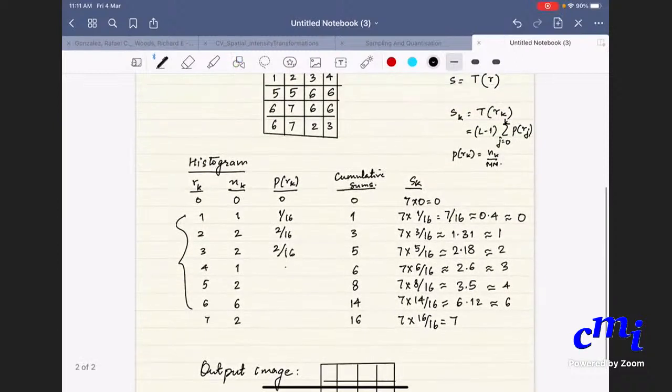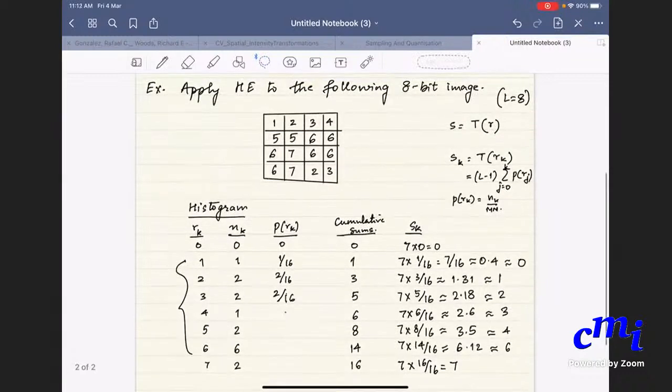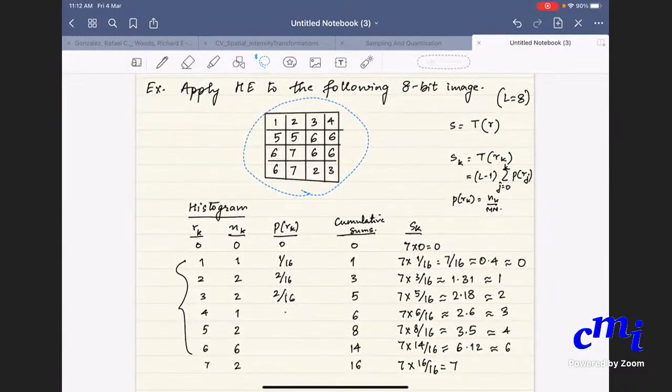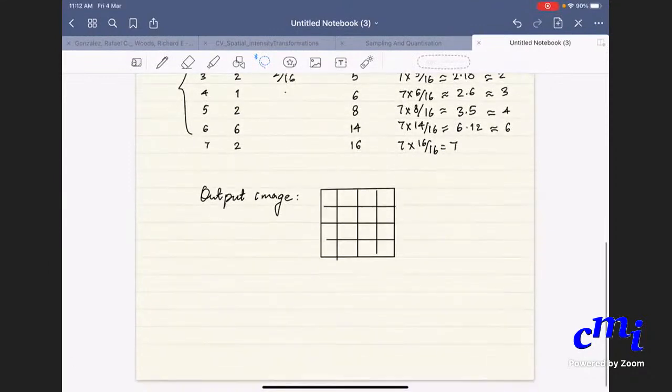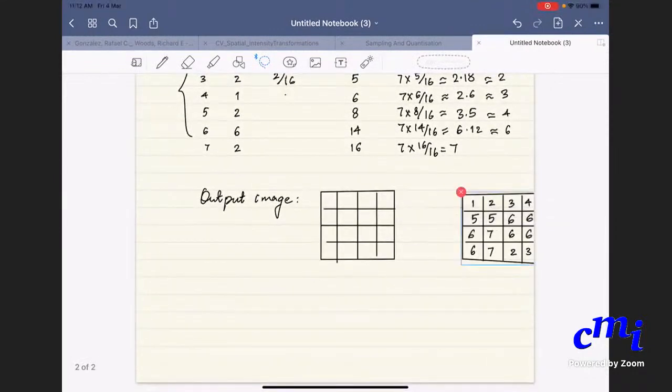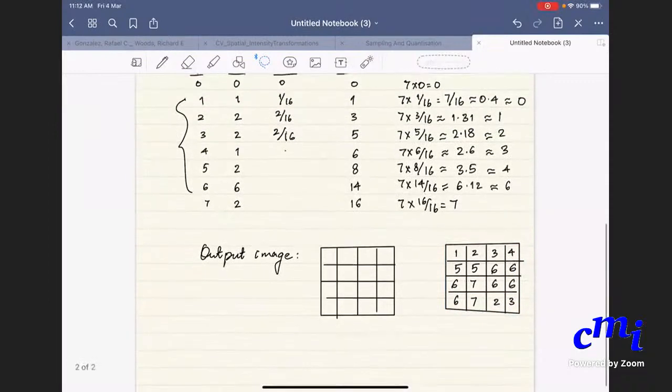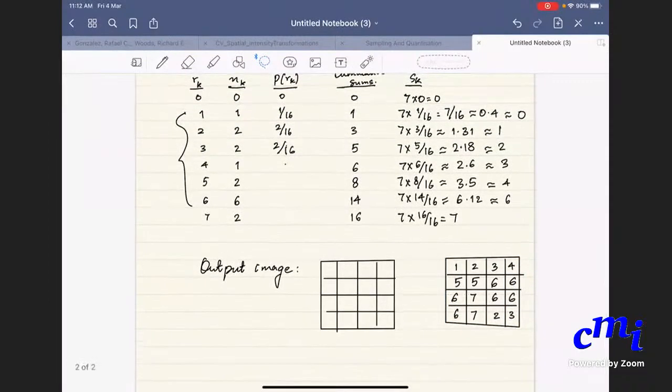So if you just compare with this, and this lookup table here. So intensity is 0. There is no 0 here. 1 goes to 0. So wherever there is 1, we put a 0.